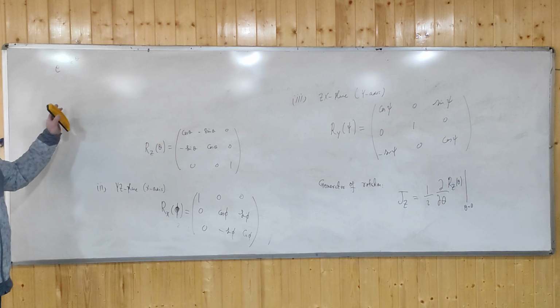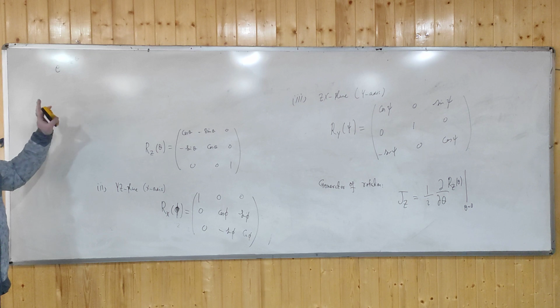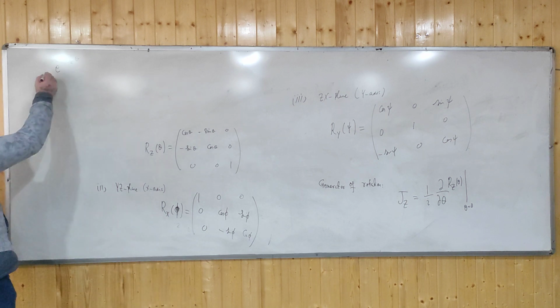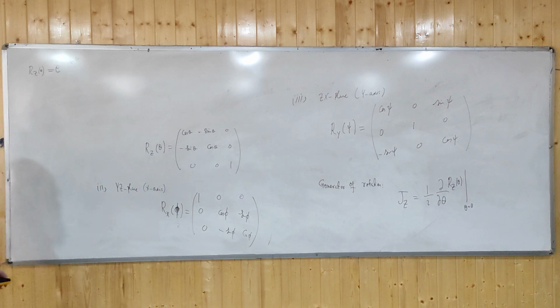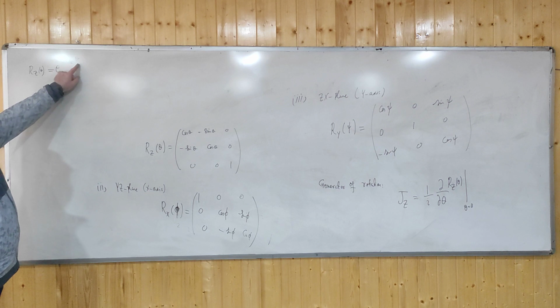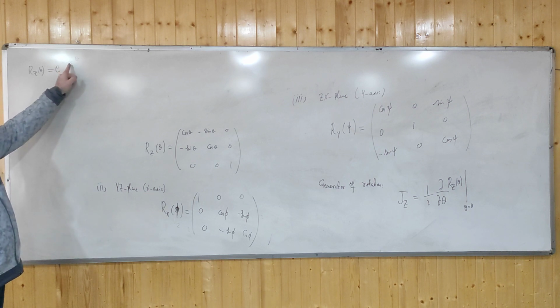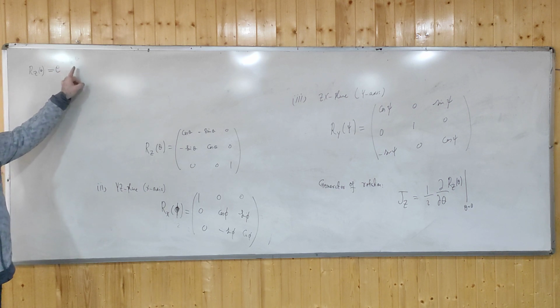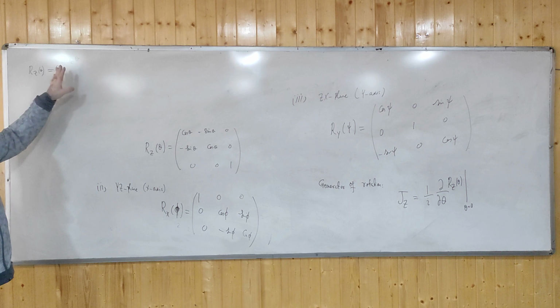This is the rotation about the z-axis. It gives me the rotation matrix Rz theta. We'll see in a moment it is the same thing. Theta is a parameter and Jz is the generator corresponding to parameter theta. Jz generates rotation in the xy plane, or about the z-axis.